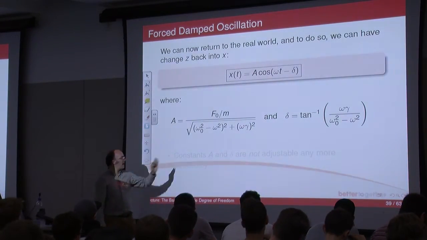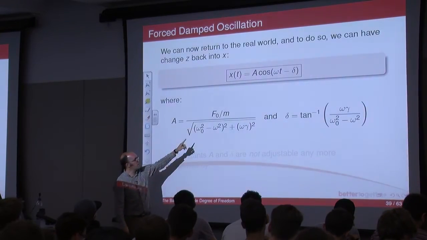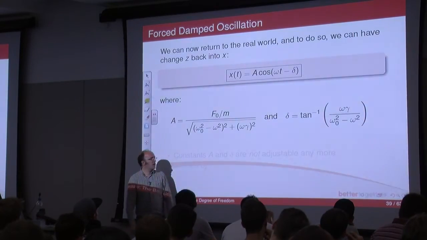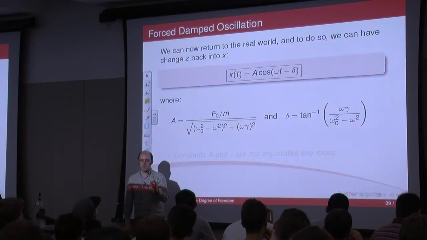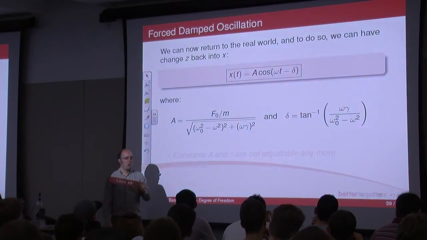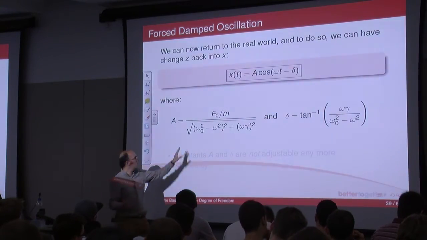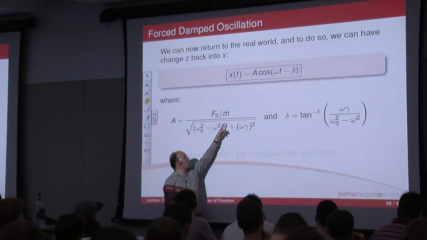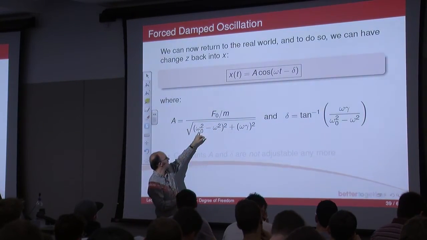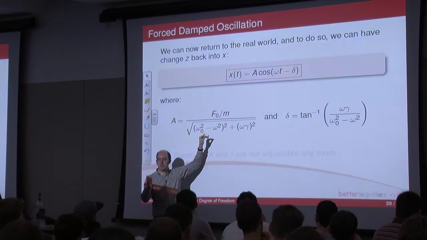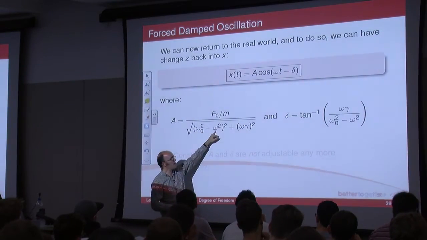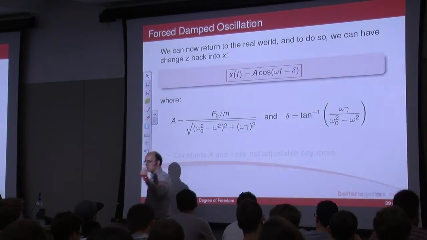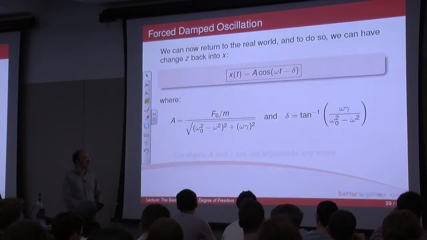Now, again, A is not adjustable. It's dependent upon your system and the force that's being applied, as is the phase. So again, like the forced system with the free oscillation, it doesn't matter what happens to start with. A will be determined entirely by your system. So you've got F, your force, you've got your mass, the natural frequency of the system, which is related to the mass and the stiffness of the spring, the frequency you're driving it at, so you know it, and gamma, which is C upon M, and you know what C is because that's a characteristic of the system.